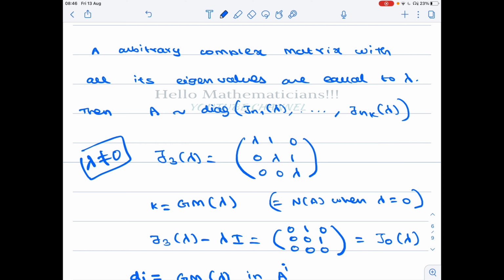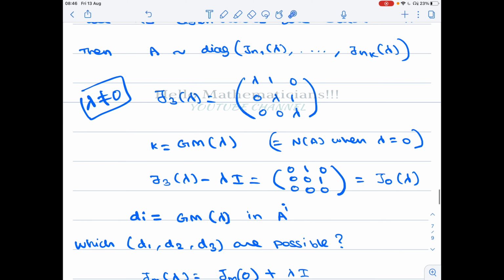are equal to lambda. Then the Jordan canonical form of A will again be a diagonal block matrix where each diagonal block is a Jordan block corresponding to the eigenvalue lambda. Corresponding to lambda means the diagonals will be lambda, the superdiagonal will be 1, and everywhere else it is 0.